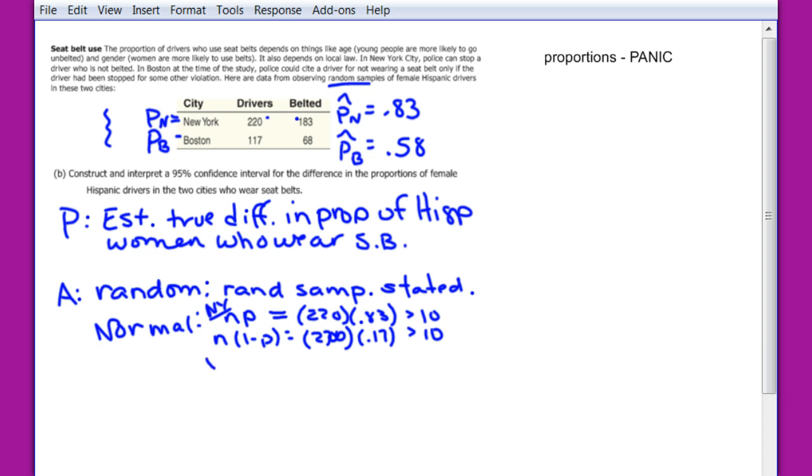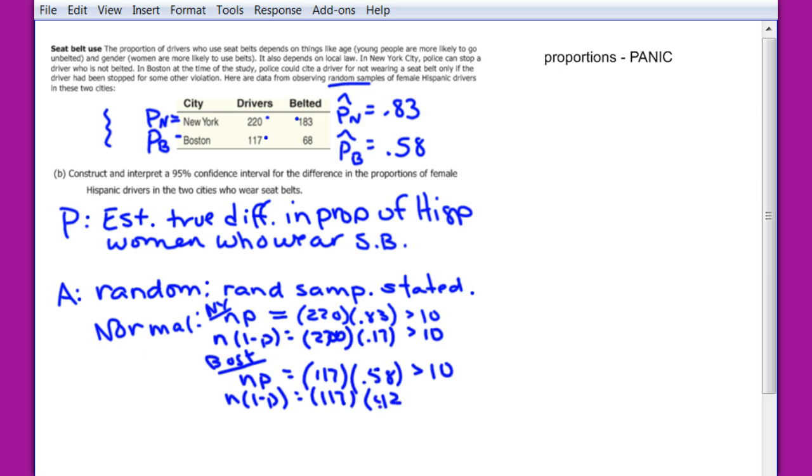That's New York. Now looking at Boston, we do the same thing. n is 117 and p is 0.58, that's more than half of 117, which is good. And n times 1 minus p is 117 times 42%, which is still greater than 10. So the normal condition is met.